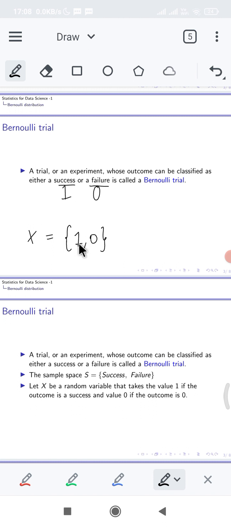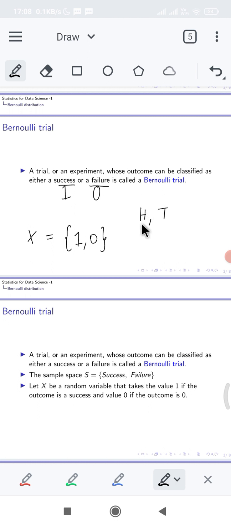Now, in a Bernoulli trial, for example, you toss a coin. So, you can either get a heads or a tail.